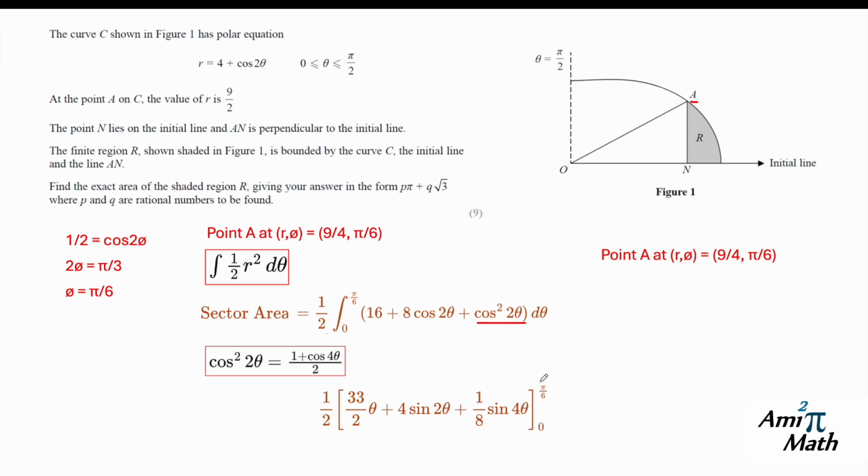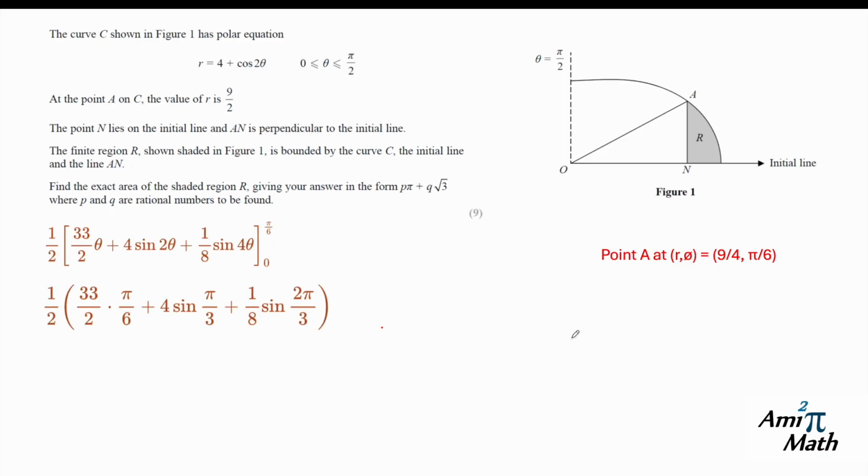Then we substitute pi over 6 into theta, and we've done that here. If we expand that out, we're eventually left with this equation. And this gives us the area of the sector OAC.